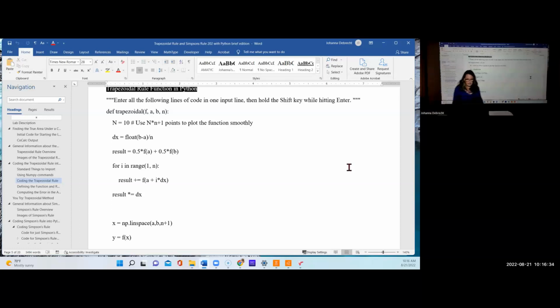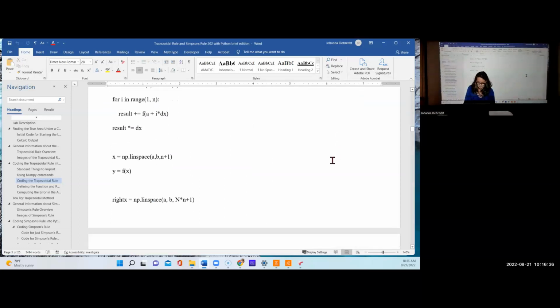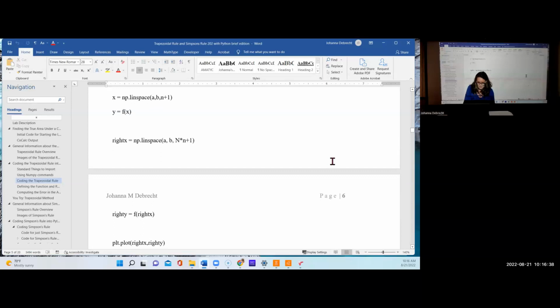Let's take a look at the next part of this program. In the next part of this program, I have x equal np.linspace from a to b to n plus 1. These are all the x values. Remember that I'm storing them in a list of numbers called an array, which will be in linear space. np.linspace is a way of calling up a command and saying, hey, I want you to store a bunch of values for me in a list.